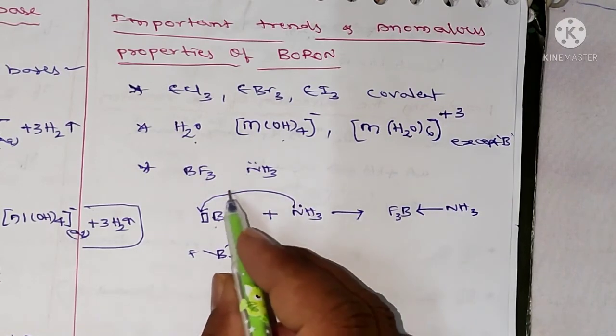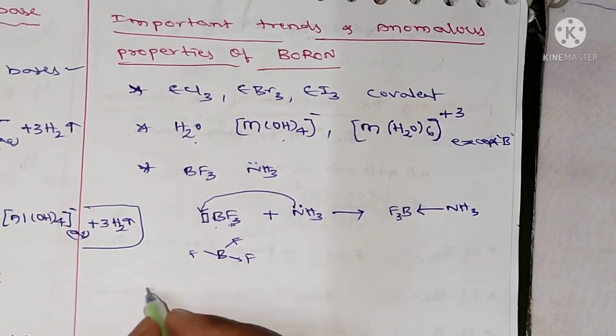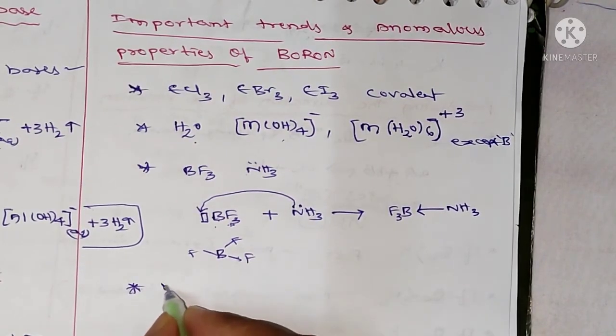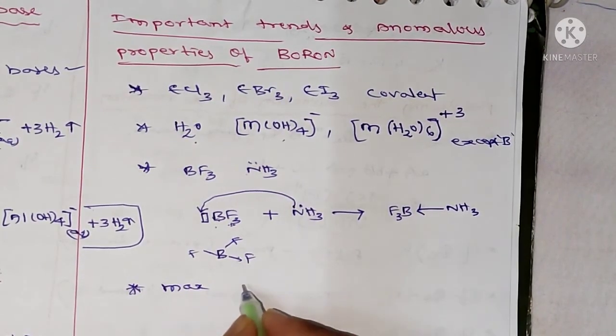They can accept electrons, and the maximum covalence of boron is 4.